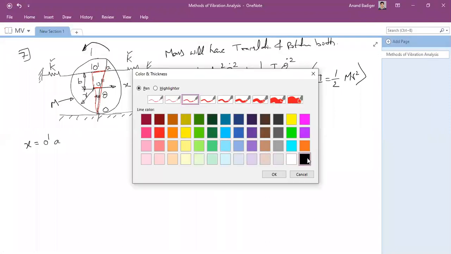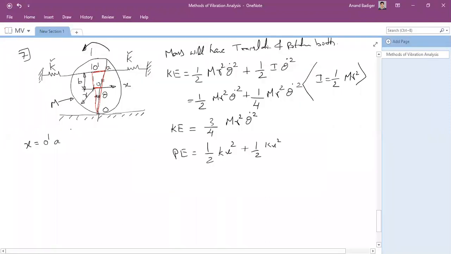So O dash A, I can write it as O dash into this particular theta. This I am taking from the similar triangles law.